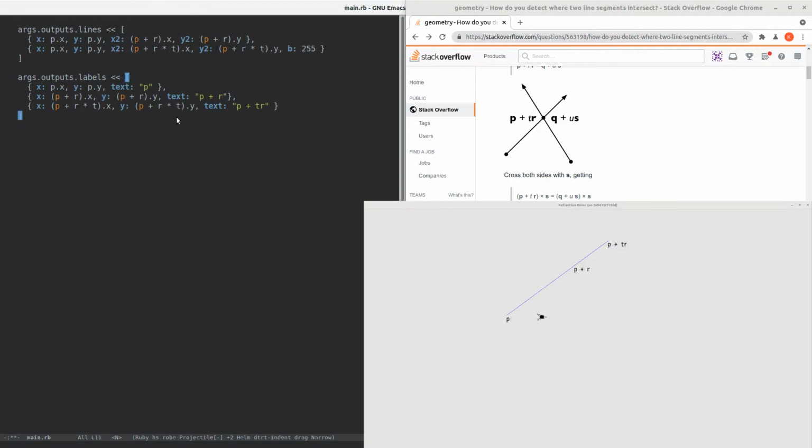Let me just quickly change this to also have P dot, we'll do Q dot, and percent S, we'll do space. Something like that.